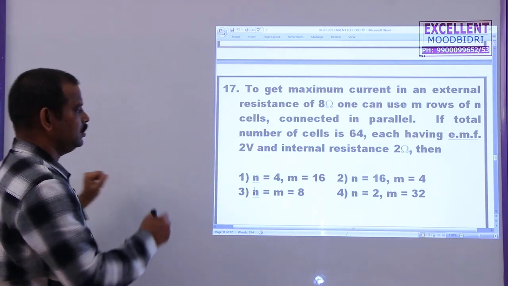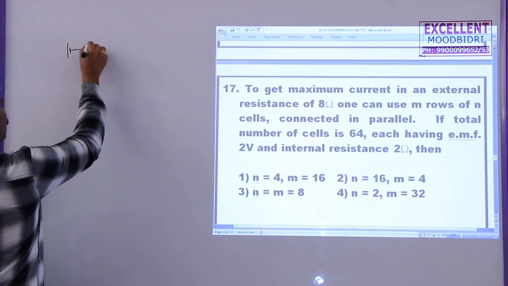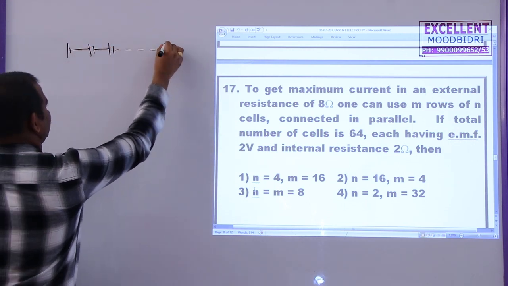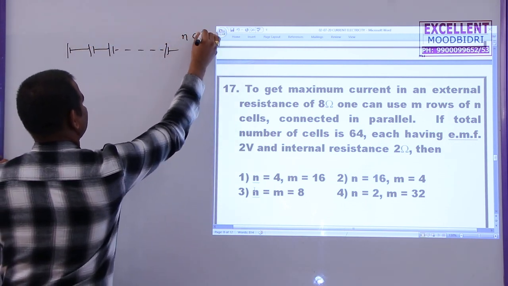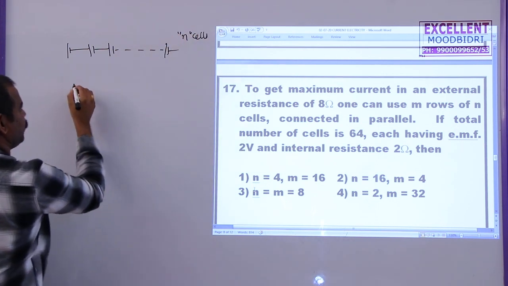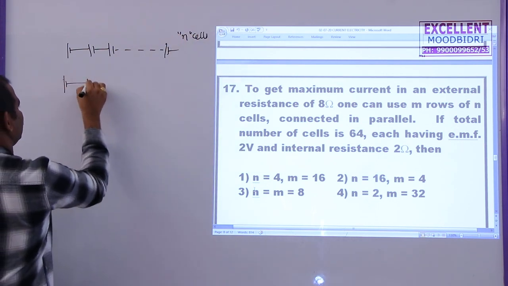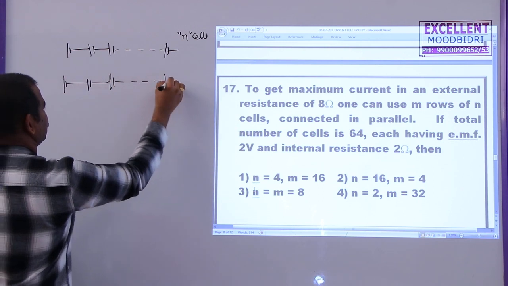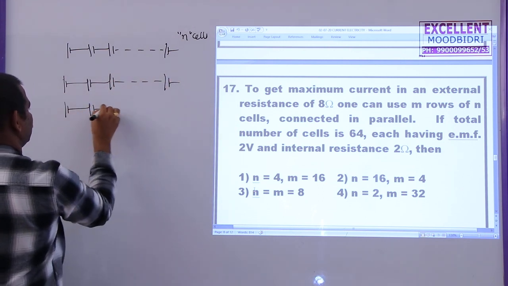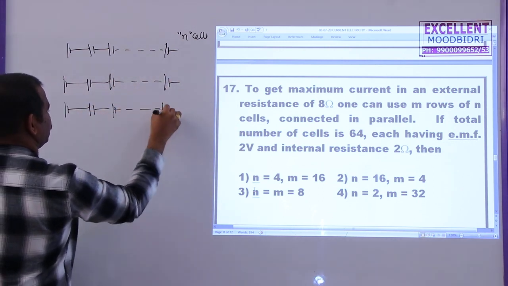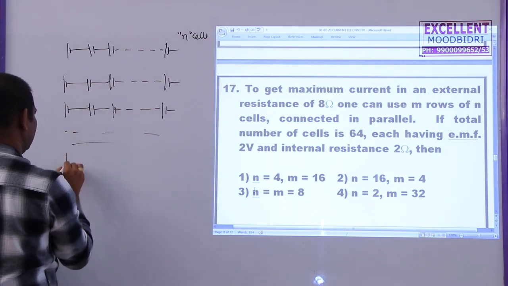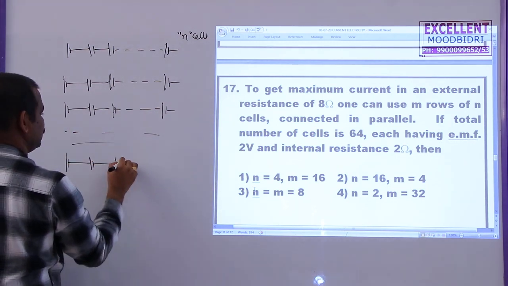To get a maximum current in an external resistance of 8 ohms, one can use M rows and N cells. So in each row we have N cells each. And how many rows are there? This is the Mth row.